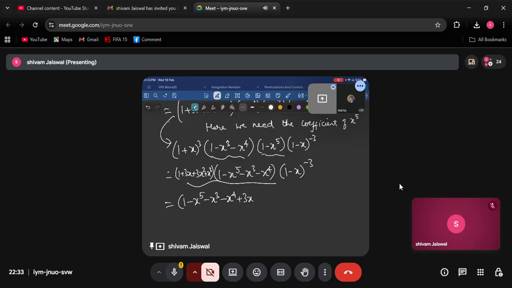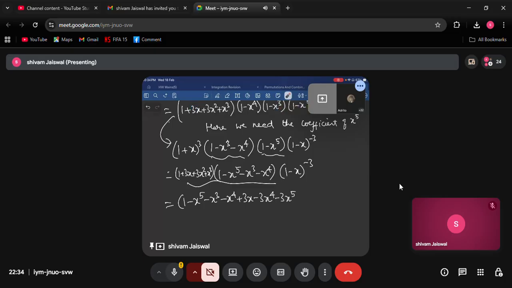Then x into x to the power 5 is not needed. So then 3x into x cubed is needed, that will be minus 3x to the power 4. Then 3x into minus x to the power 4, so minus 3x to the power 5.